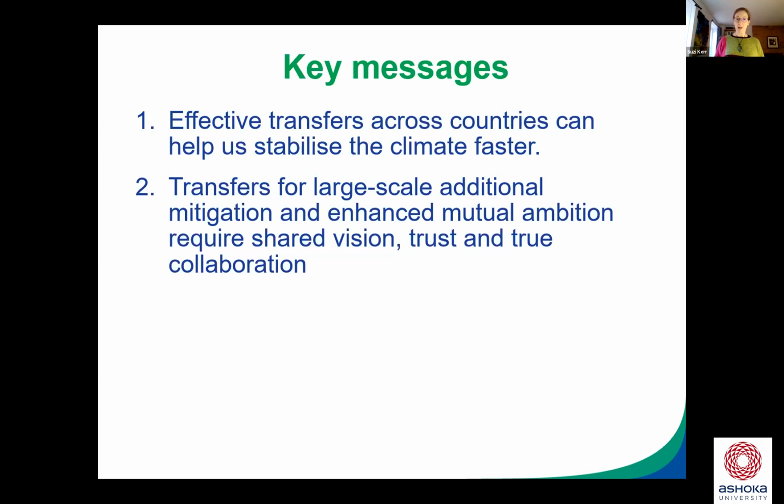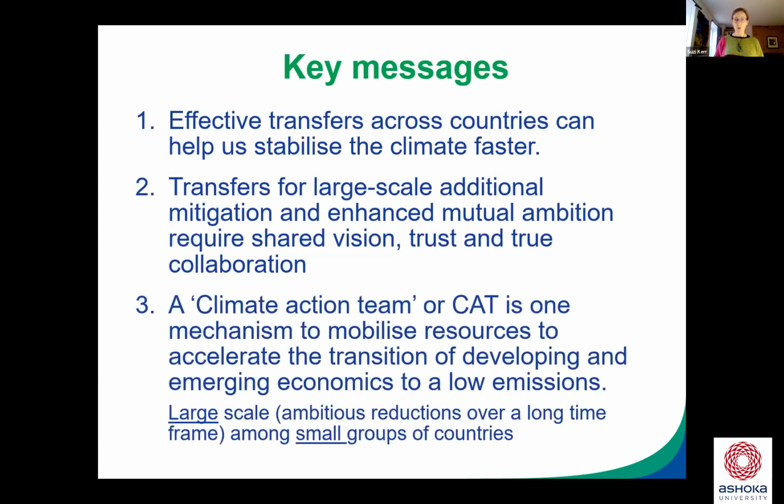But transfers for large-scale additional mitigation and enhanced mutual ambition towards faster climate reductions require a shared vision, trust, and true collaboration. It's not something that can just be done through a global carbon market. So we've been trying to develop a model that could actually achieve this, taking into account some of the realities of politics, international cooperation, etc. And we call this idea a climate action team, or a CAT.